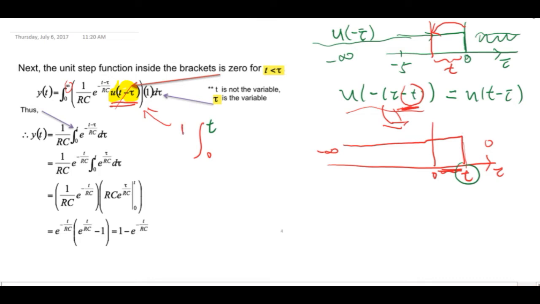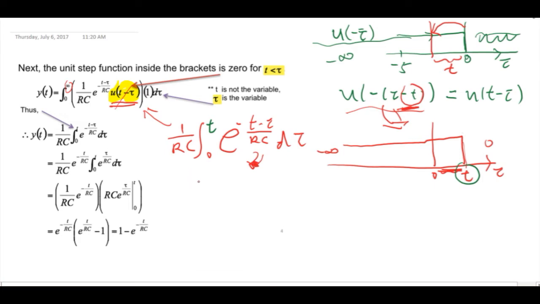Then we copy the whole lot. I put 1 over RC, the constant, then e to the minus (t minus tau) over RC d tau. By doing that, we are doing conventional integration.